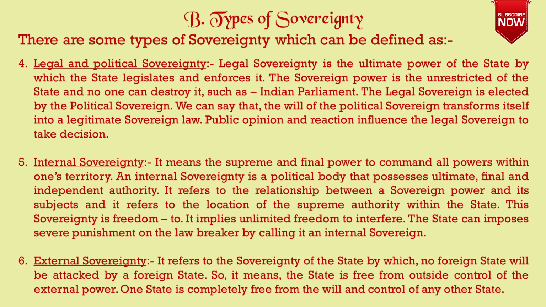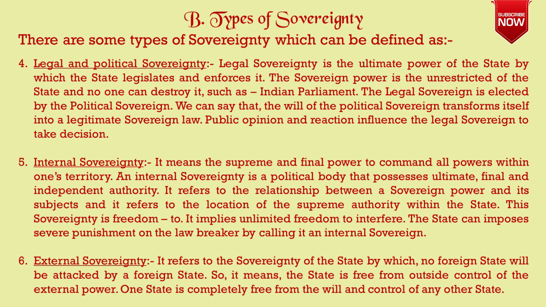The next type of sovereignty is internal sovereignty. It means the supreme and final power to command all powers within one's territory. An internal sovereign is a political body that possesses ultimate, final, and independent authority.